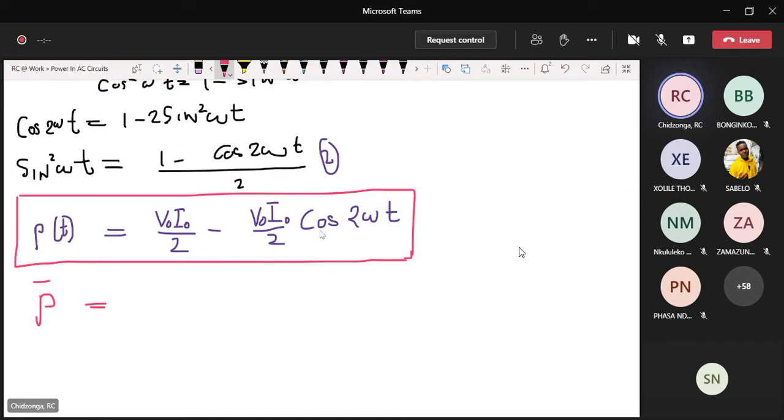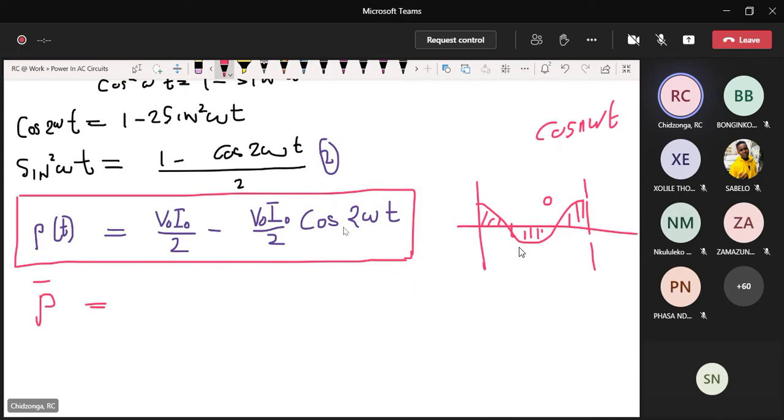But this signal here is a sinusoidal signal. It is at twice the frequency. Any signal which is a function of cos n omega t, where n is an integer, if you take the integral of that cos over a period, this area on top plus that is equal to the area at the bottom, so that goes to 0.